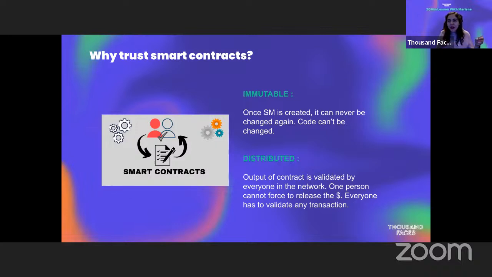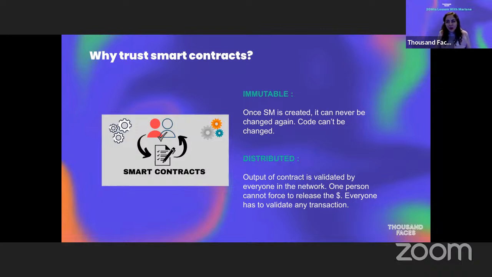Imagine, especially now, I'm putting an example with two friends giving money to one friend, but in the case where you have a lot of investors, a lot of different key players who are trying to reach this goal, that means that everyone has to validate in everyone's contract the amount of funds that were received in total, and one person cannot try to manipulate the others, because all the information is distributed among everyone. If there's alteration, it cannot happen, because any alteration has to be validated by everyone.